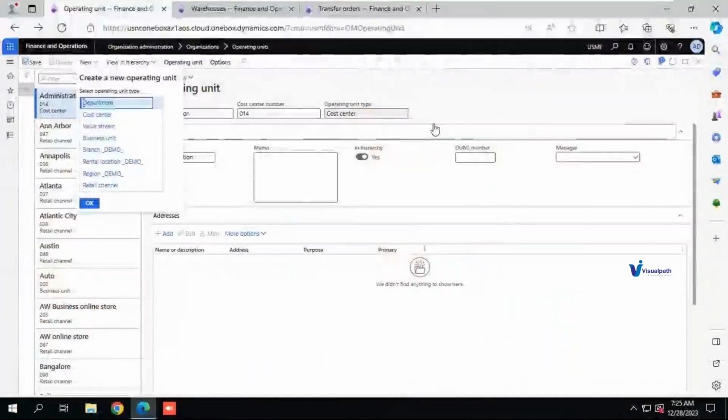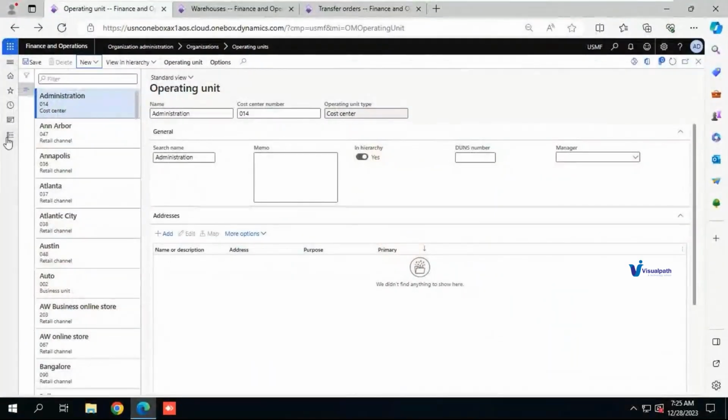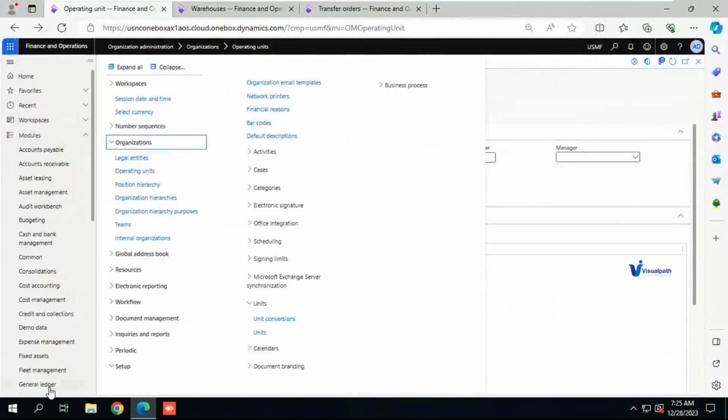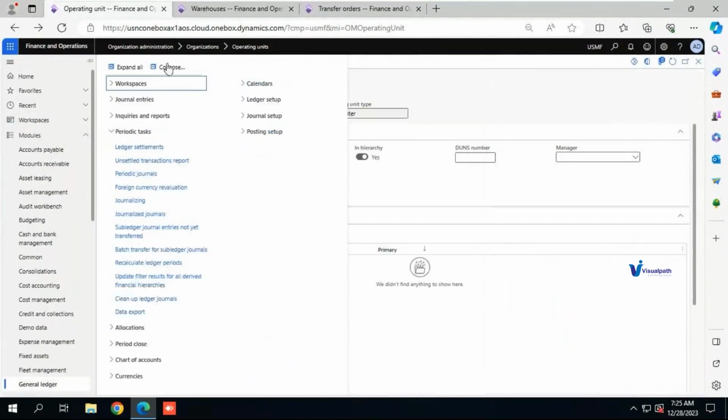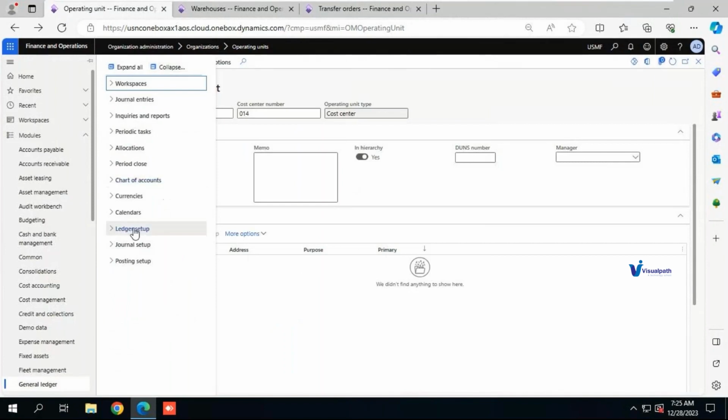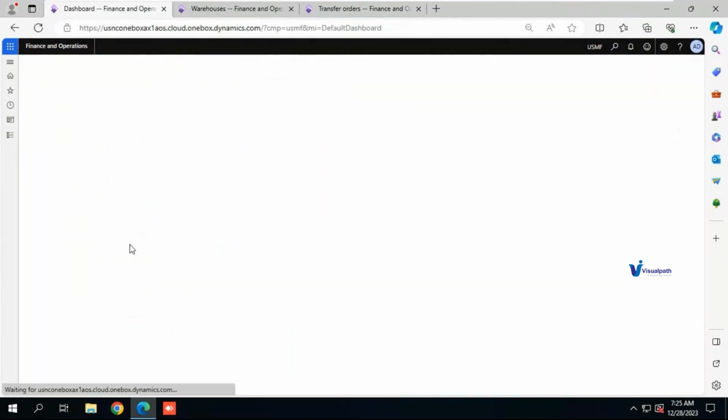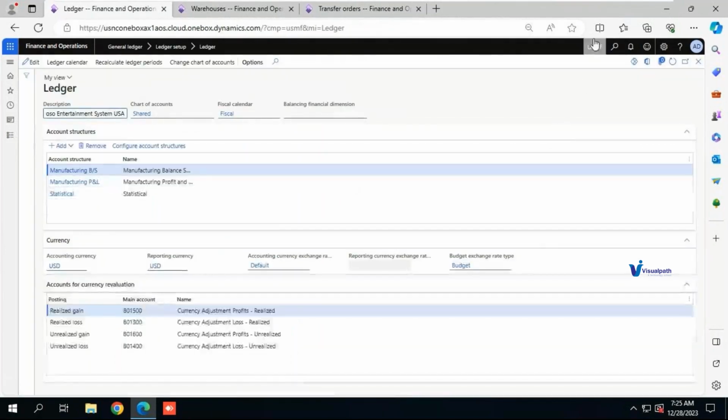So let me show you where it is available. General ledger, collapse all, ledger setup, ledger. For this company, these are the structures: manufacturing BS, manufacturing PR.